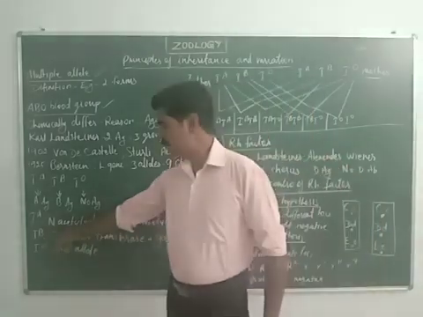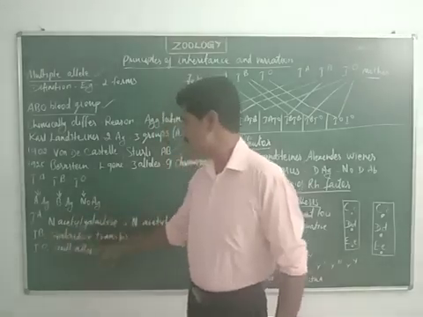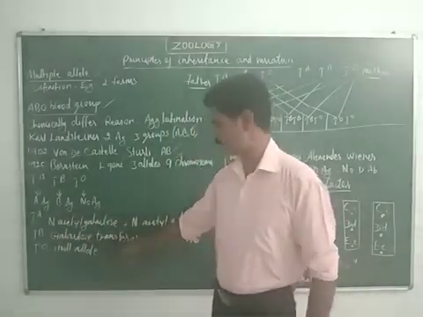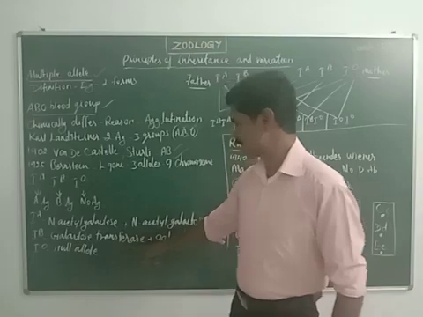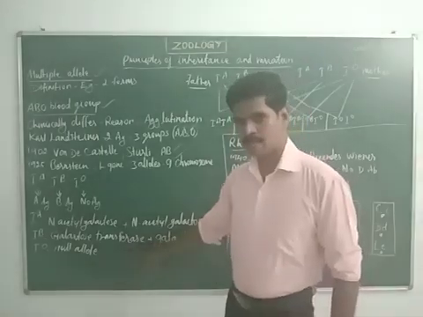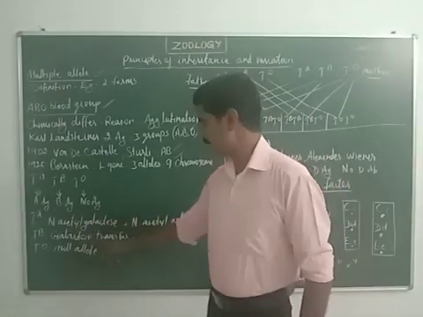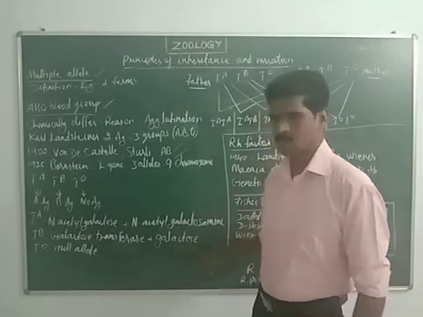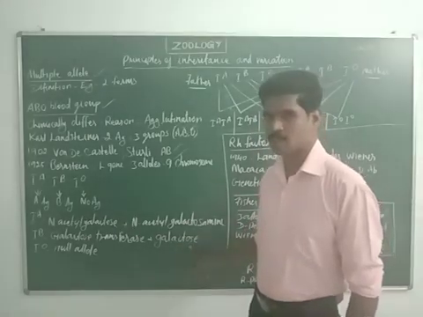The IB allele produces an enzyme called galactose transferase, and it adds galactose. Hope you understood these two points.